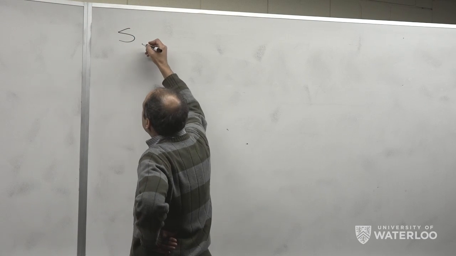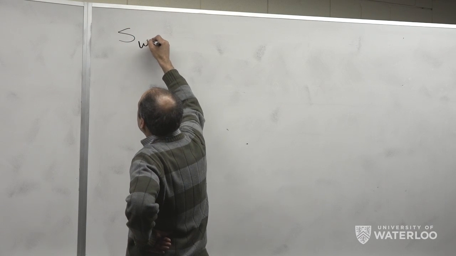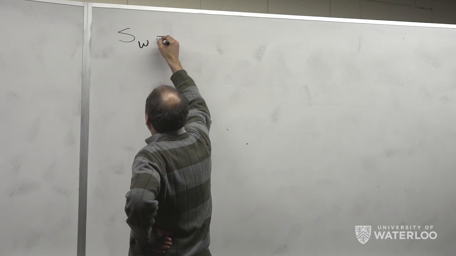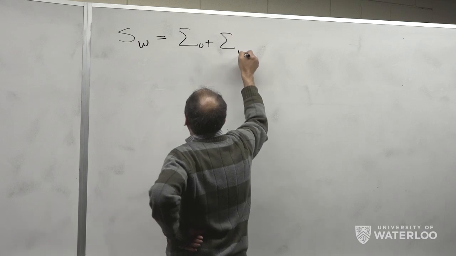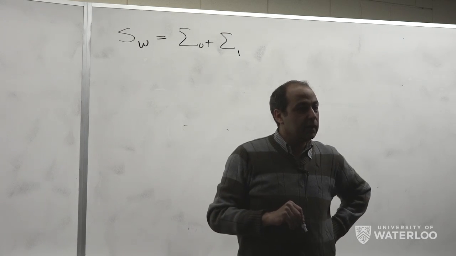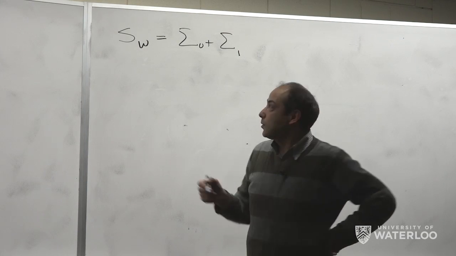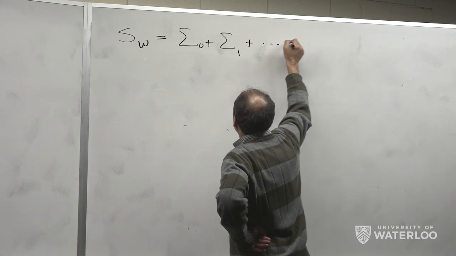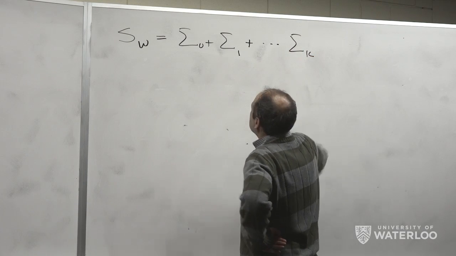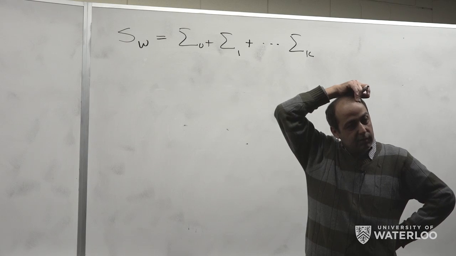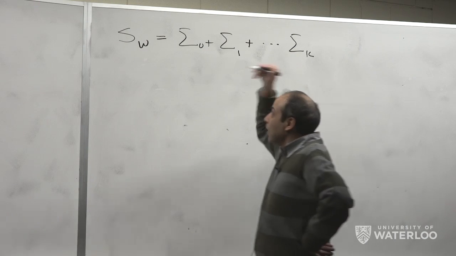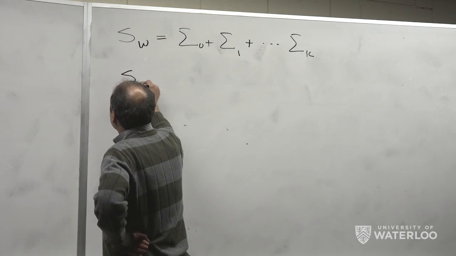For SW in the two-class case, we had just sigma 0 plus sigma 1. Now in the K-class problem, just add up whatever number of classes you have. That would be SW. What about SB?